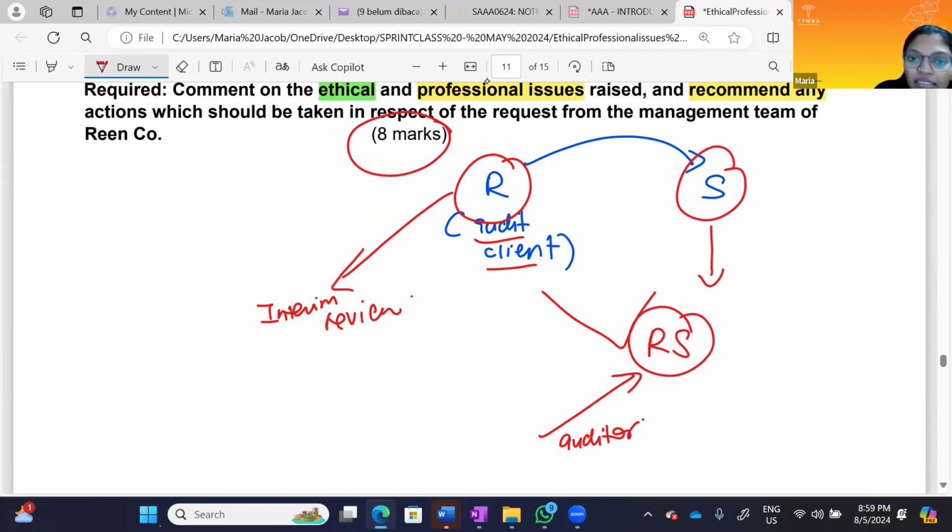Self-review threat. Yes, because I have done the valuation. In this account, there will be goodwill and valuation figures which I have prepared, so there is a tendency for self-review threat.